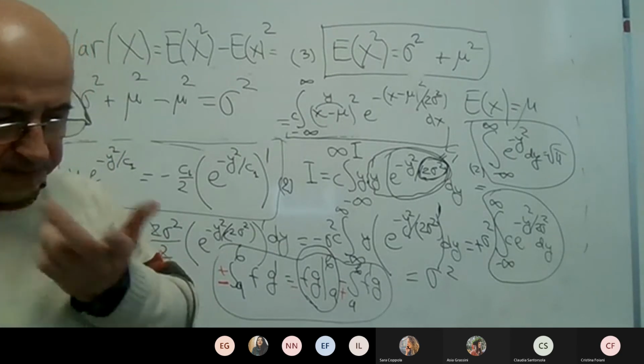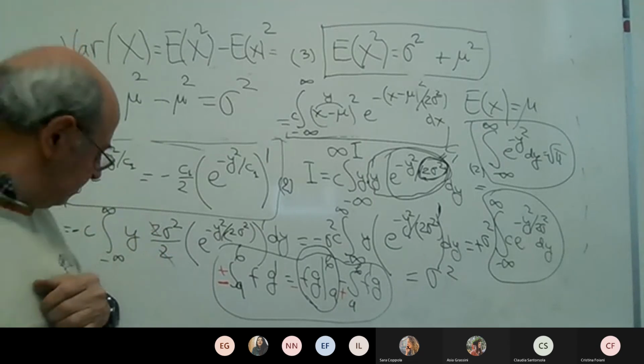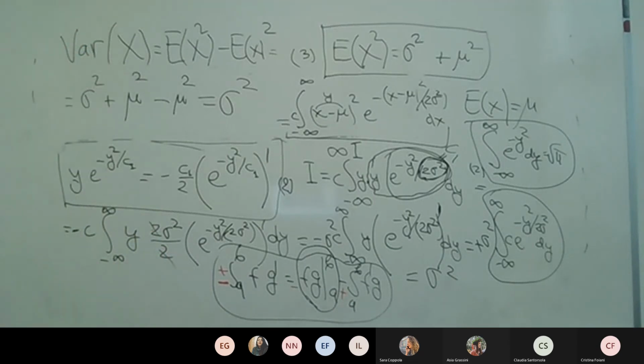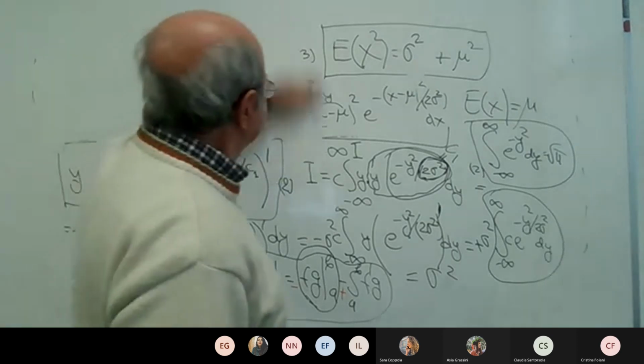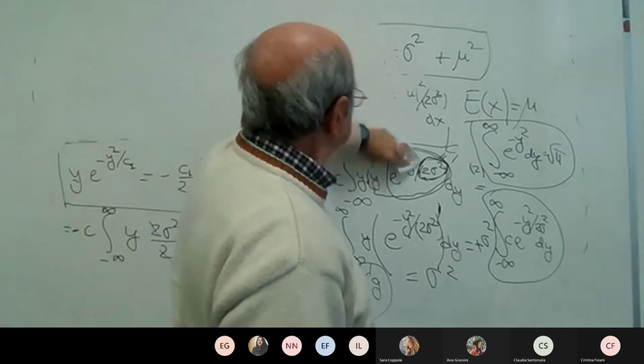Now, I think with these calculations, we can turn to some concrete examples to see how we can apply the calculations of the variance and expectation.